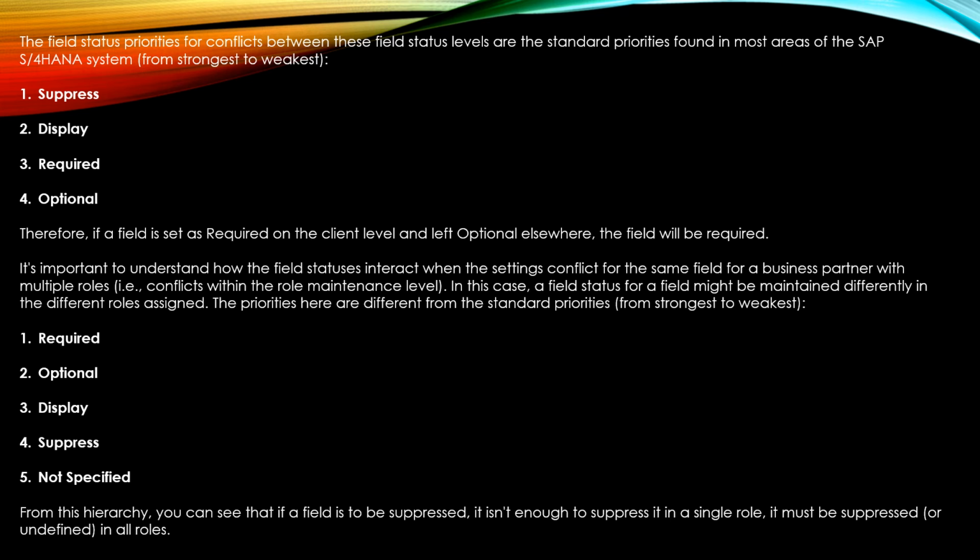Again, from strongest to weakest: required, optional, display, suppress, and not specified. So from this hierarchy, you can see that if a field is to be suppressed, it isn't enough to suppress it in a single row. It must be suppressed for all or undefined. Okay, so let's go.